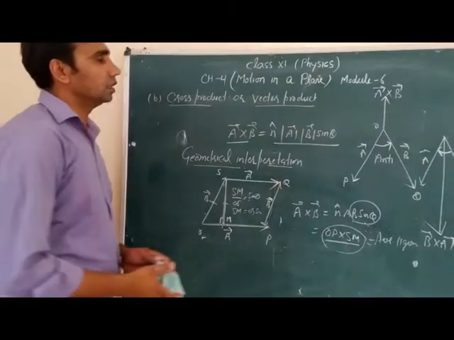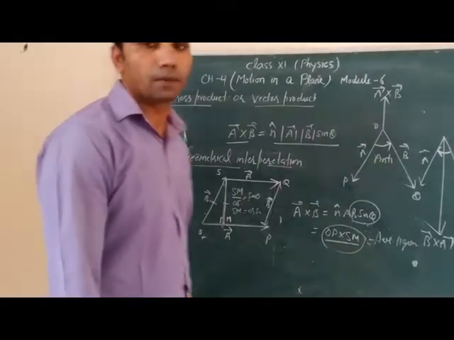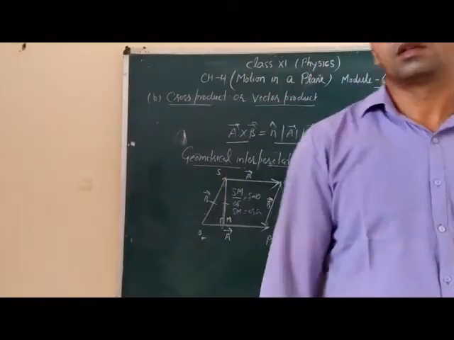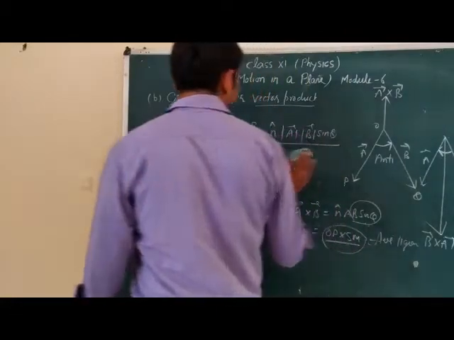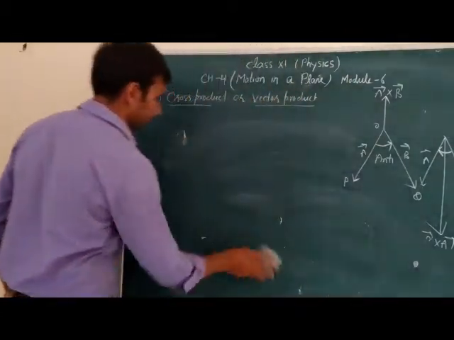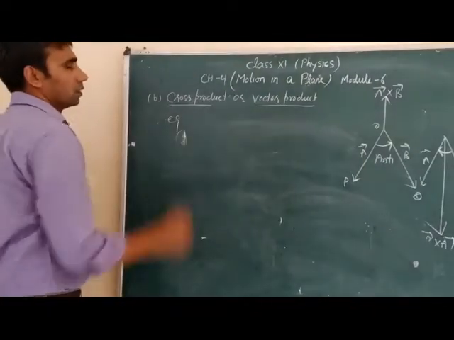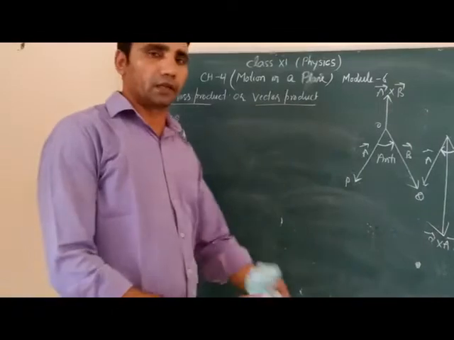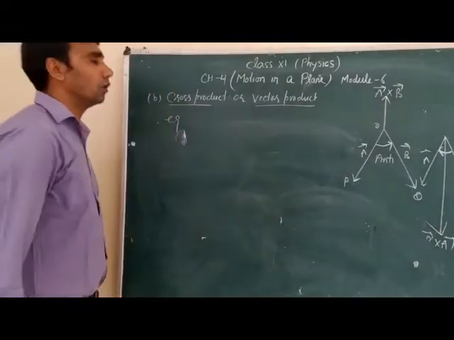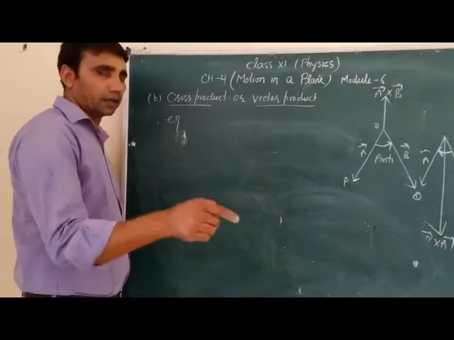Next, examples of cross product or vector product. The first example is the cross product of two vectors. The cross product of two vectors is again a vector.